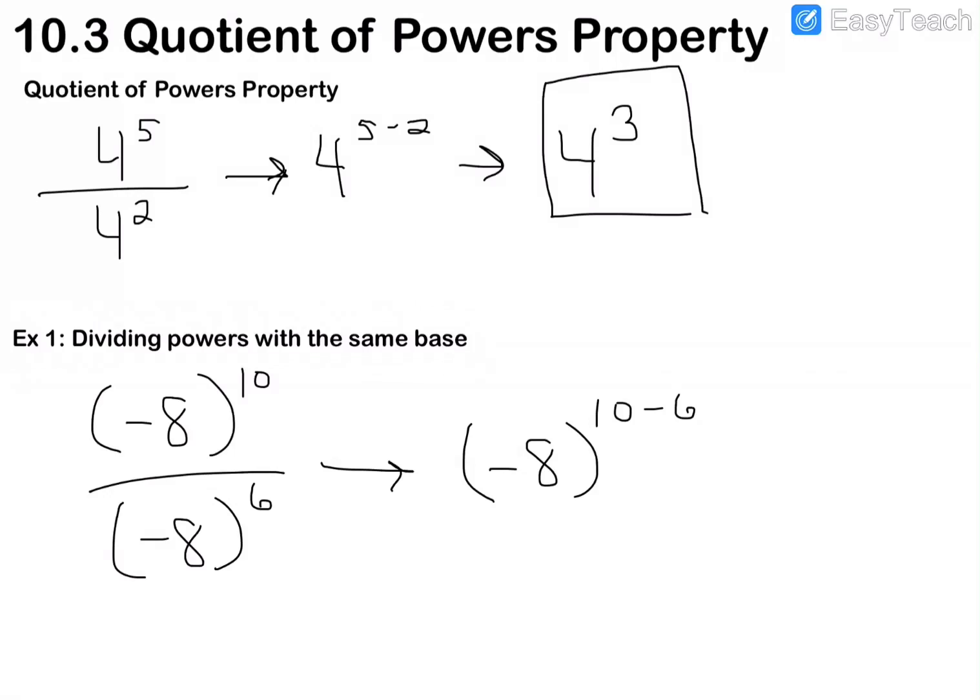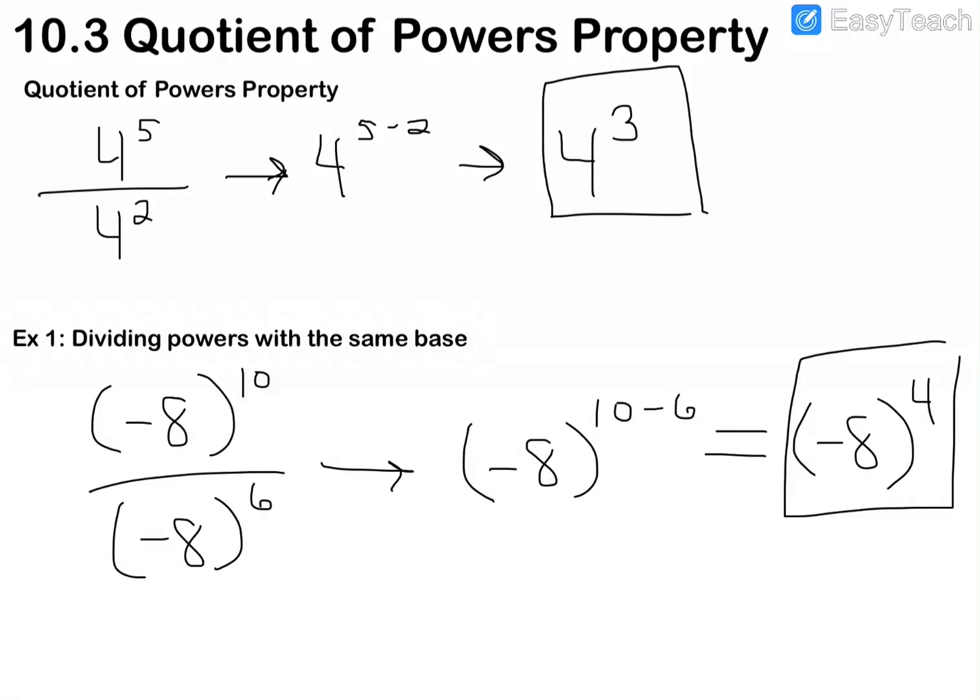I'm just subtracting the bottom exponent from the top exponent, and that's going to equal -8 to the 4th power. And that's it for the quotient of powers property.